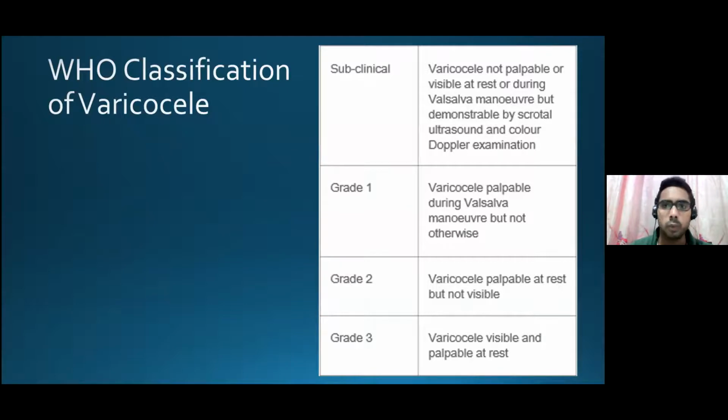Grade 1 varicocele is palpable only on Valsalva maneuver, and grade 2 varicoceles are palpable even at rest without demonstrating the Valsalva maneuver. And grade 3 varicocele is not only palpable, it can be easily visualized on examination.